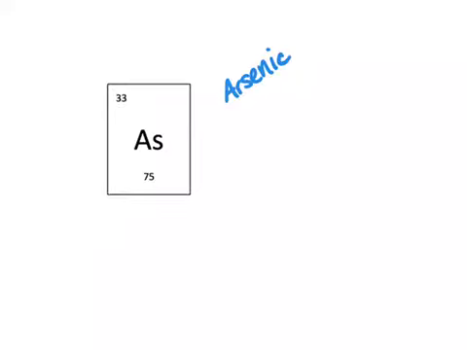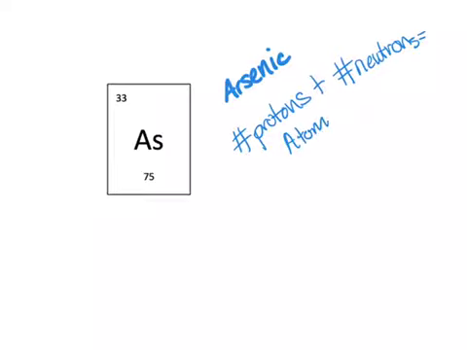But the guiding formula for this is your number of protons plus your number of neutrons is going to equal your atomic mass. And I'm going to show you on this example what everything means.